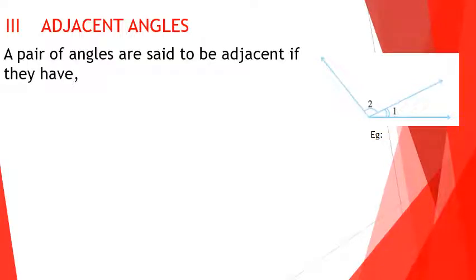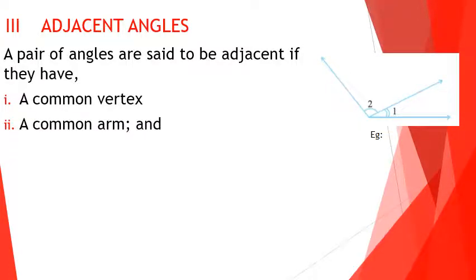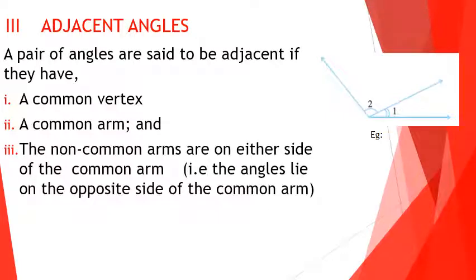A pair of angles are said to be adjacent if they have a common vertex, a common arm, and the non-common arms are on either side of the common arm. That is, the angles lie on the opposite side of the common arm. Such angles are called adjacent angles.